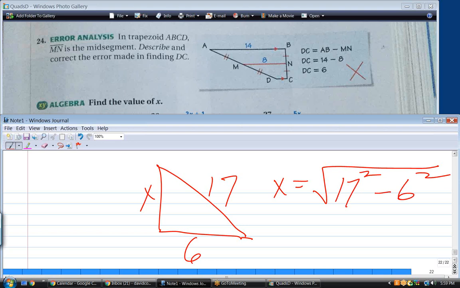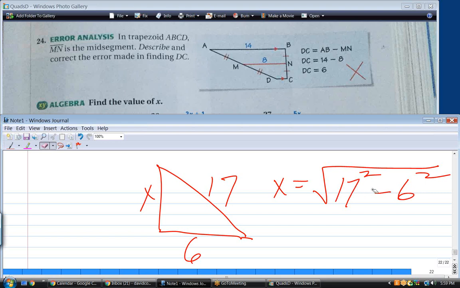And the way to remember that is, remember this has to be a bigger number than this, and there's a reason for that. If it's not, I'm going to end up with a negative inside my radical. So by that reasoning, you should remember that we're subtracting inside here. Always.